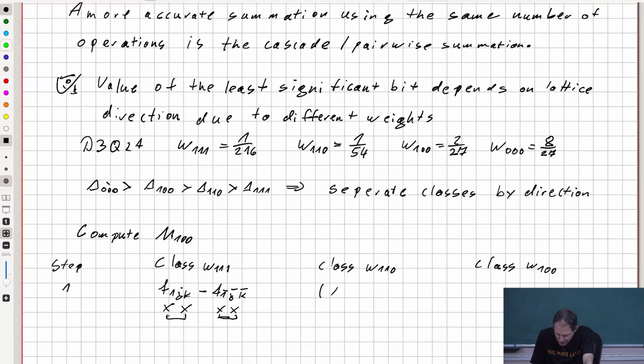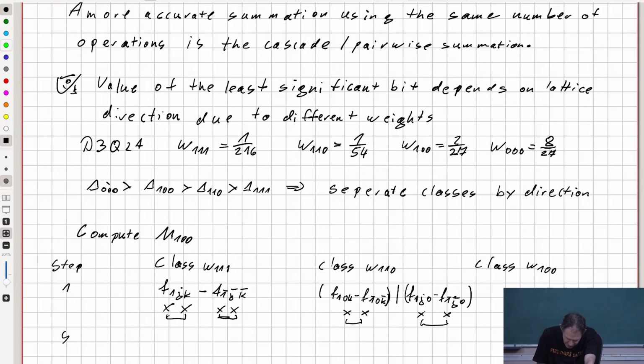Here we have F10K minus F minus 10 minus K. And we have F1J0 minus F minus 1 minus J 0. Of these, there are two permutations that we have to do in the first step, and then we sum them up, and then we have here again 2 permutations.